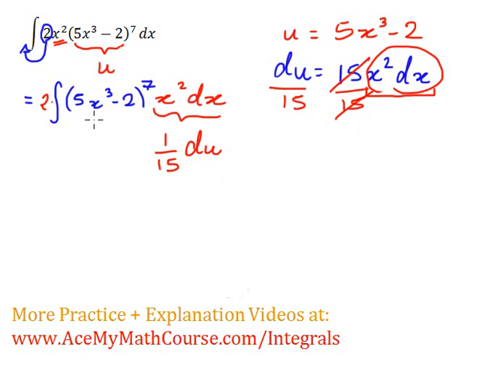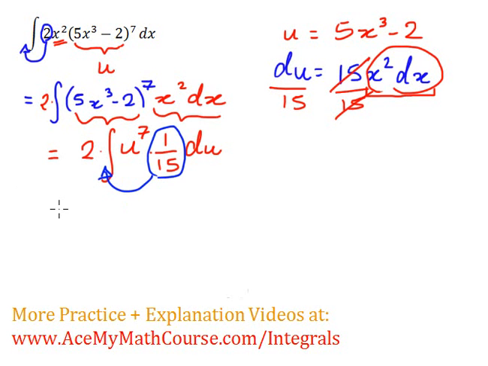Okay, and this whole thing, well, that's just u. So we have u to the power of 7 times 1 over 15 du. And the 2 is still waiting outside. Great. Now what do I do? I can also take out the 1 over 15, multiply by the 2. So we're going to end up with 2 over 15. We're taking the integral of u to the 7 du.